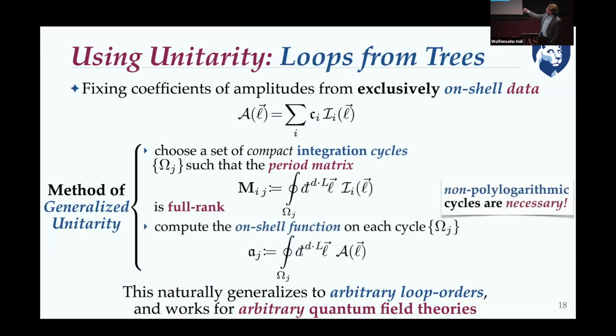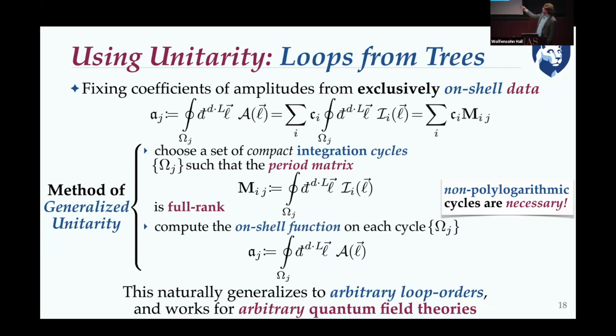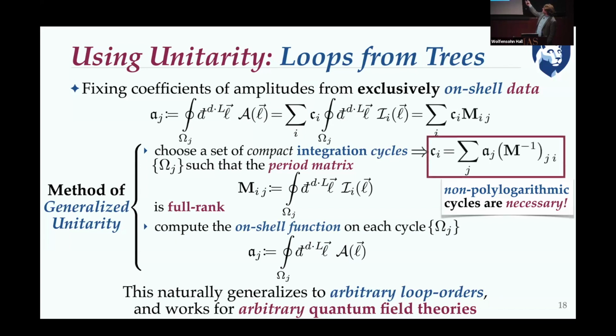And then on every one of these cycles, you know what the amplitude is because it's an on-shell function. It doesn't require gauge redundancy or anything else. And so from this data, your knowledge about on-shell functions and this period matrix of your basis, you can just do linear algebra to find that the coefficient c_i is just the on-shell functions times this inverse matrix here.